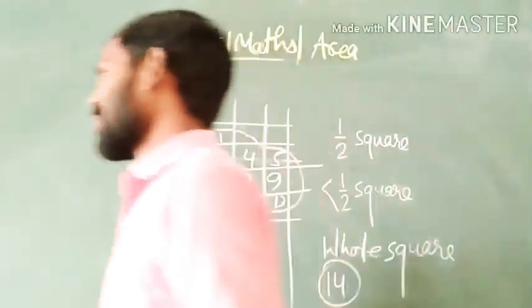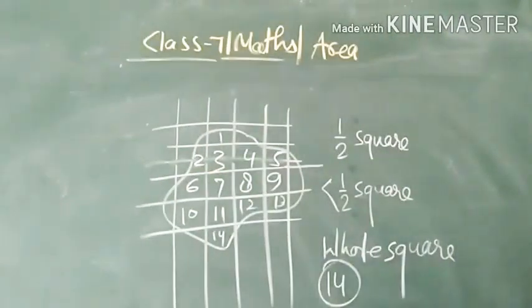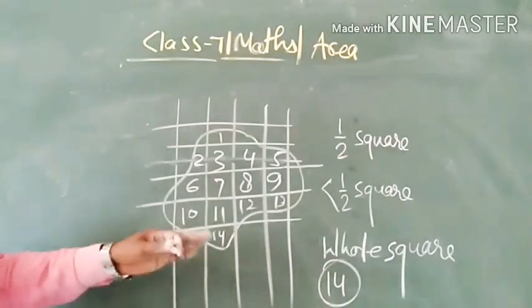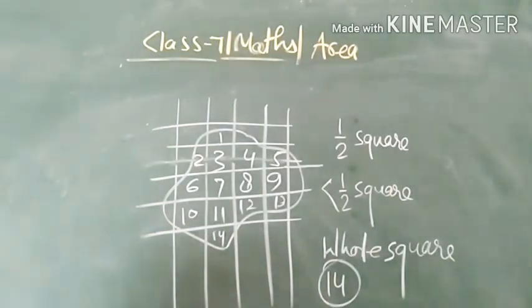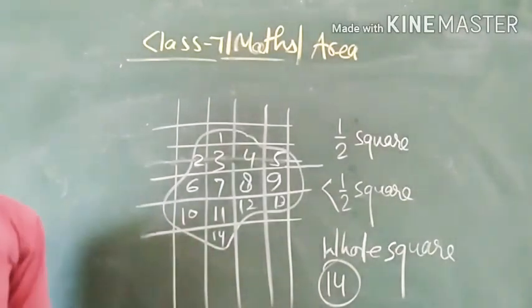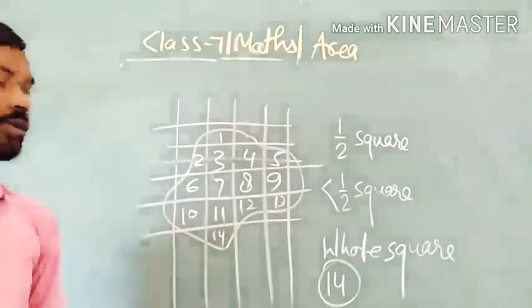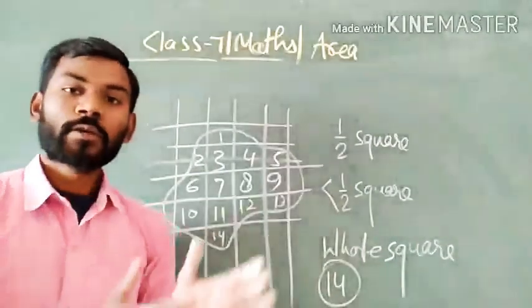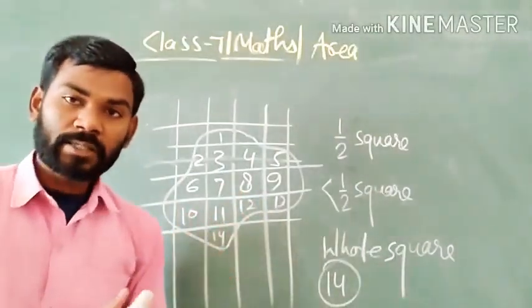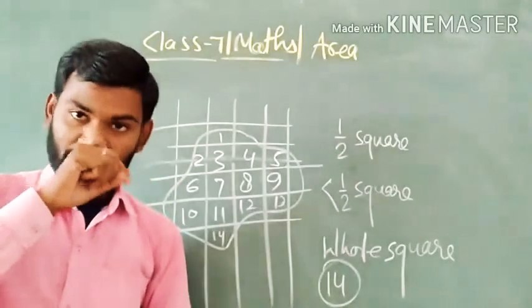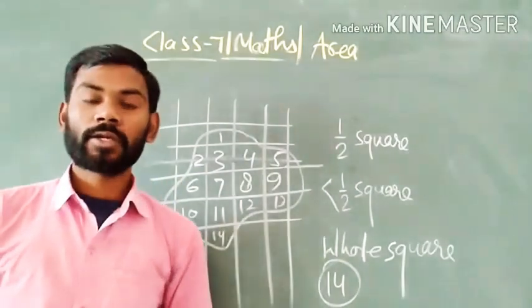Okay, therefore 14 will be the area of this irregular figure. So we shall use such a process in order to get the area of an irregular figure.